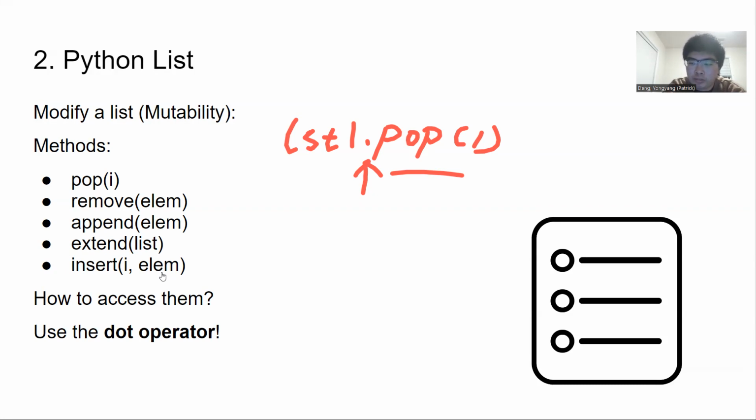So we can use this built-in property to modify our list, and we have to use the dot operator. In English, this is called a period, but in programming languages we use dot. We use this dot operator to access the methods to modify lists.